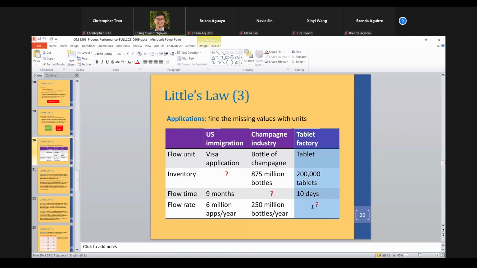In the third example, the tablet factory, they give us the inventory and the flow time, and we need to calculate the flow rate, right? So those are the three basic examples that we're going to work on very shortly to make some sense of the Little's Law. So let me go back to the whiteboard and work on this with you.